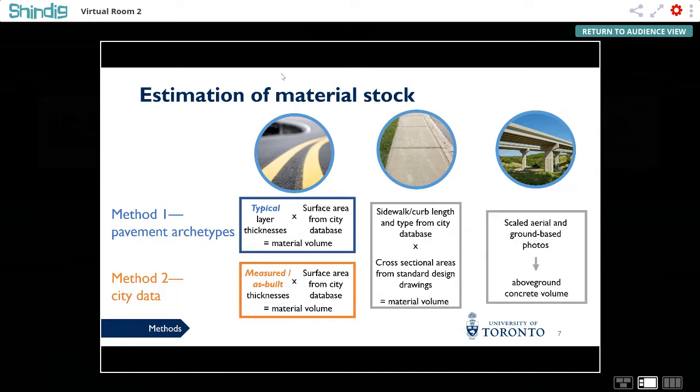And finally, we incorporated a rather rough estimate of the above-ground concrete volume in bridges using scaled aerial and ground-based photos to try to develop a very rough 3D massing of the concrete components in bridges. And finally, there were maintenance activities included in the database, and so we were able to estimate maintenance flows into the pavement network.